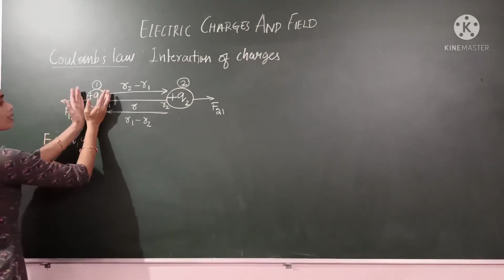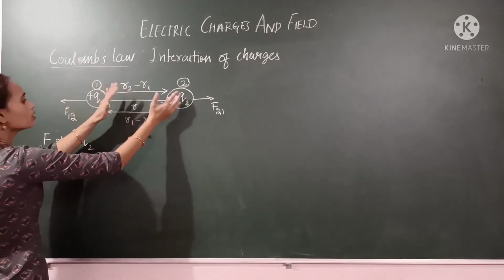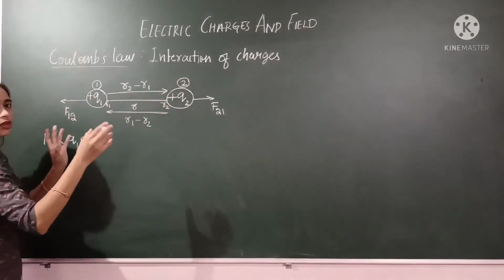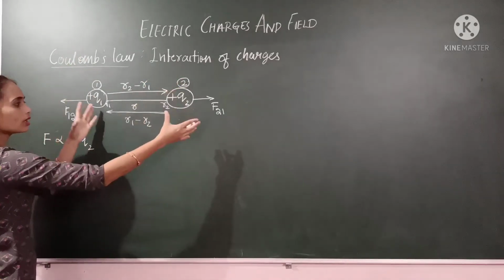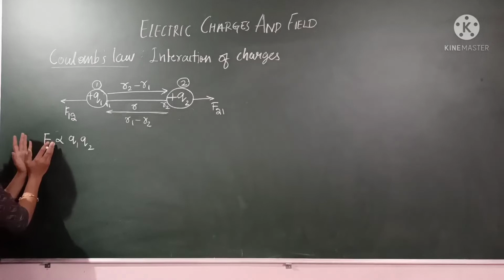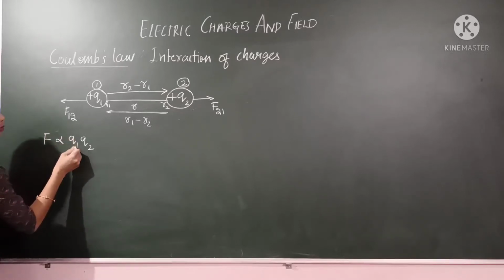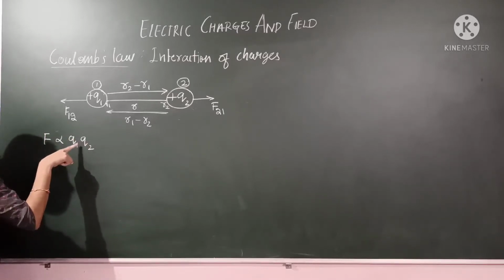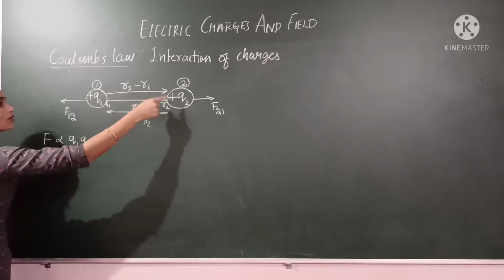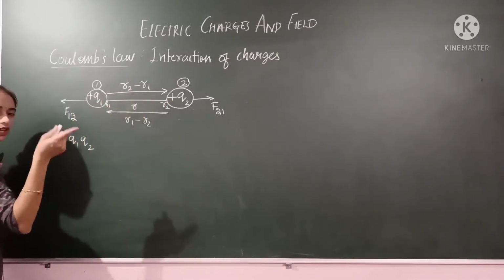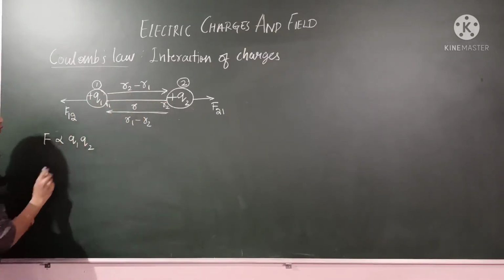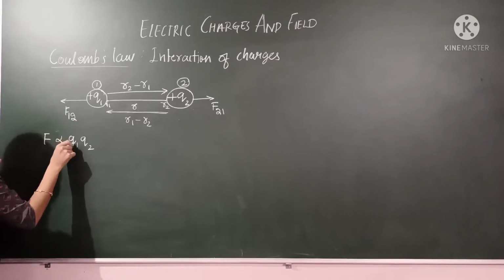If you increase the magnitudes of the charges Q1 and Q2, the force also increases. So Coulomb's law says the force is directly proportional to the product of the magnitudes of the two charges. Here we are not considering the sign, only the magnitude, so there is no need to represent the sign.